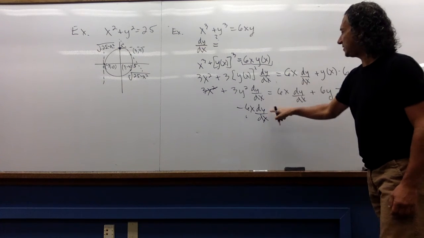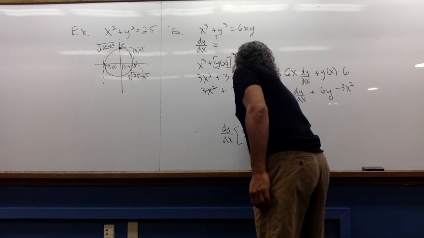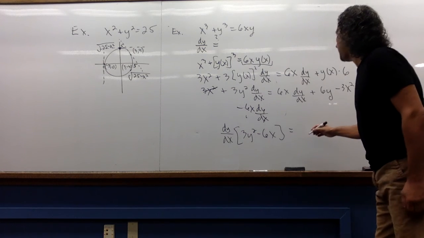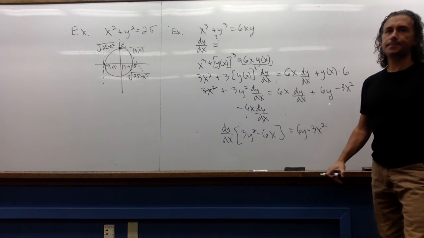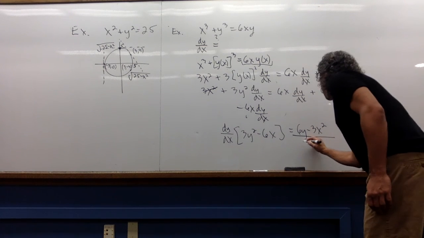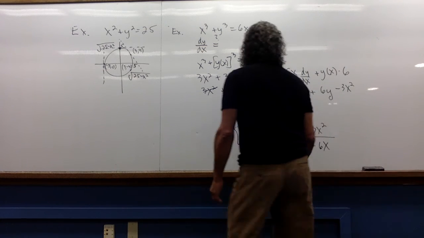Okay, so let me factor out dy dx. So we have dy dx times 3y squared minus 6x is equal to 6y minus 3x squared. And then finally, I can divide both sides by 3y squared minus 6x.